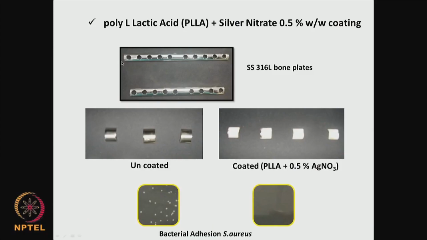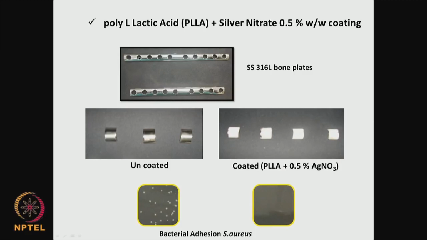Now, let me spend little time and show you some of those case studies where this type of strategies have been tested. This is based on some of our own research in my own lab. Okay, for example, if you look at these stainless steel 316L, these are bone plates used after a breakage of the bone.